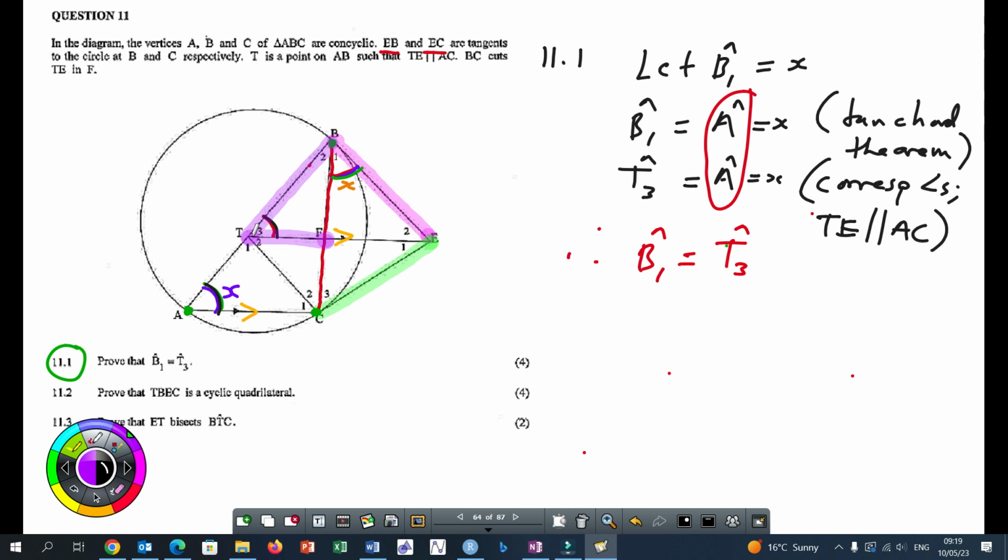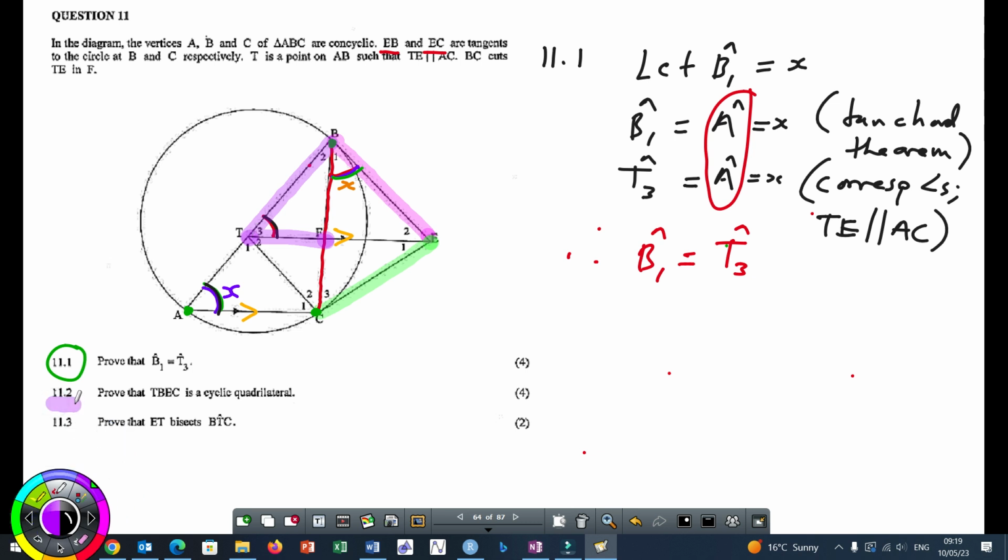If you want, we can create our own question there, but I don't want to go as far as that because we have already been told that BE is a tangent. So there's no need to prove that it's a tangent. Anyway, is there anybody who has got another question before I move on? Right, so let's move on to the next one.